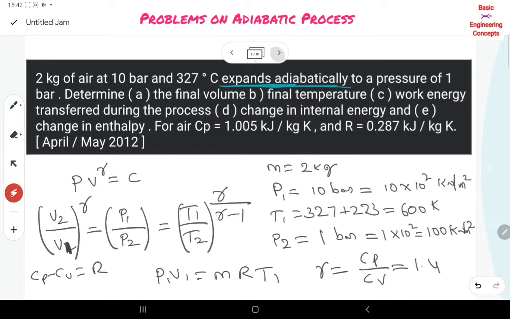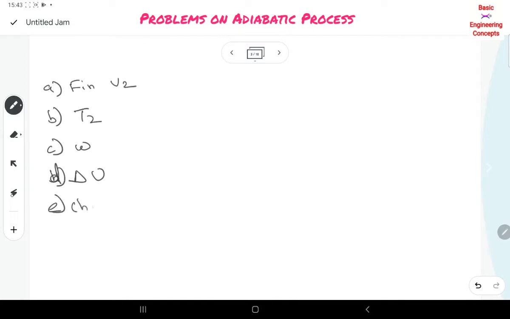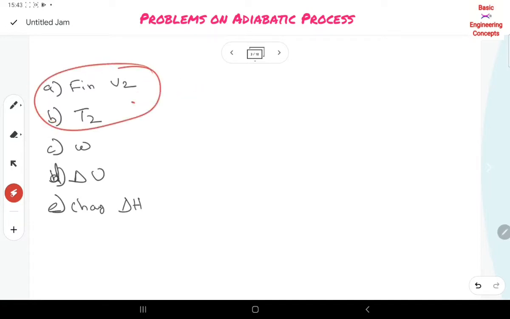The fifth one is the change in enthalpy. Both of these we can calculate by using the relations.